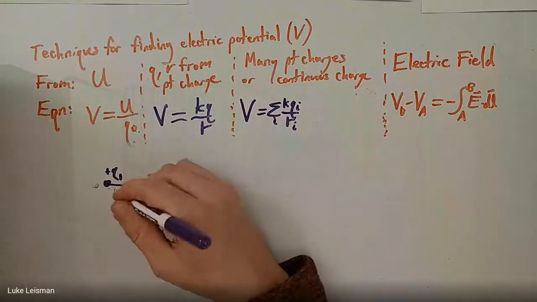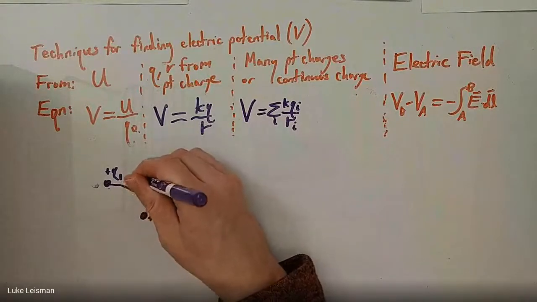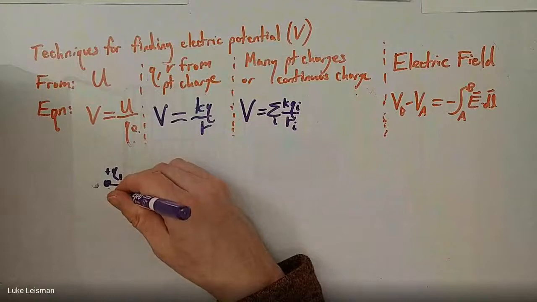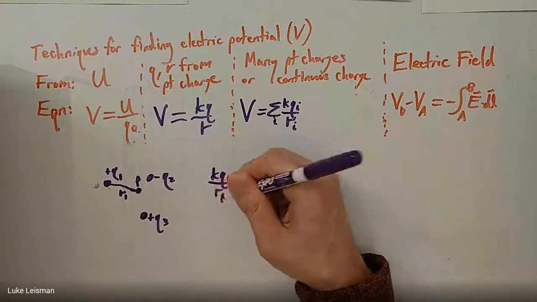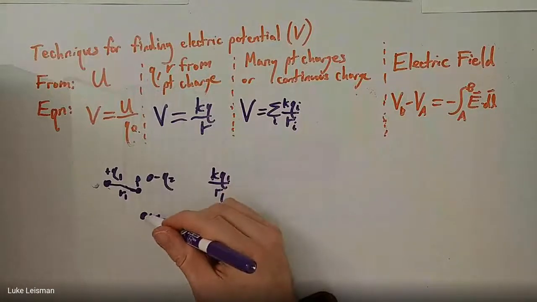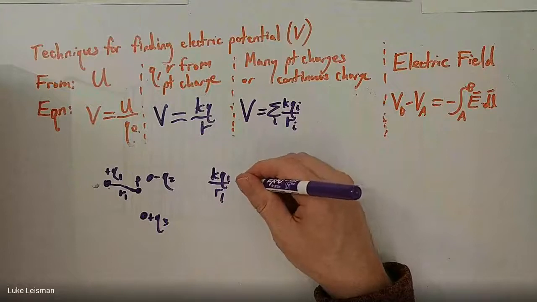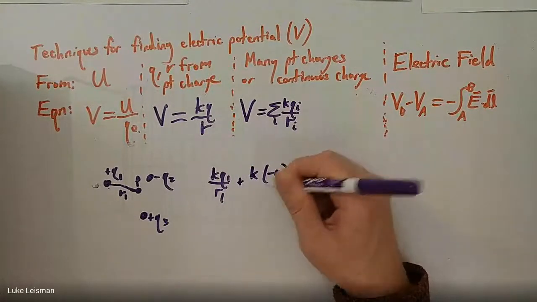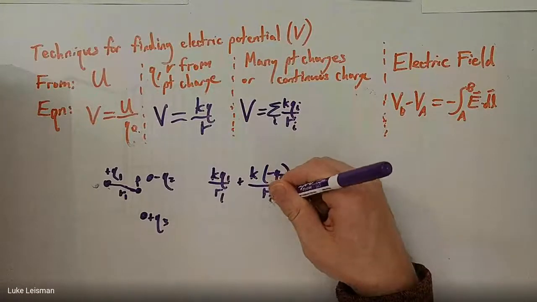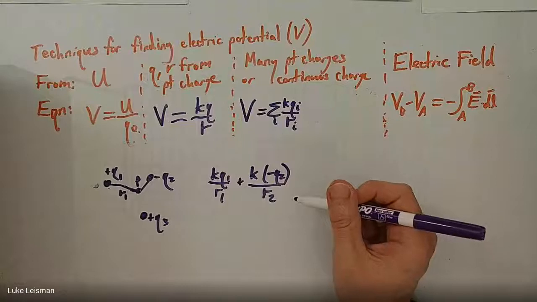We're going to get a contribution at this spot P from this charge of kq1 over R1. The contribution from this charge here is going to be k times q2 divided by r2, the distance that q2 is away, and if it's a negative charge, it'll have a negative sign.